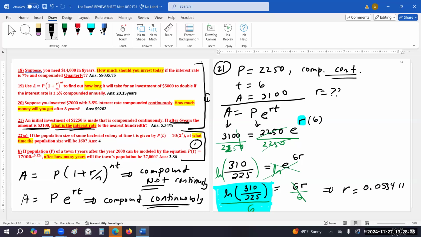So it says round to the nearest 100th. 0.05. So this is 10, this is 100.